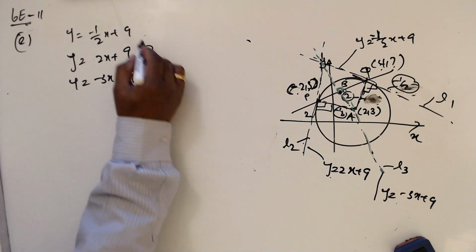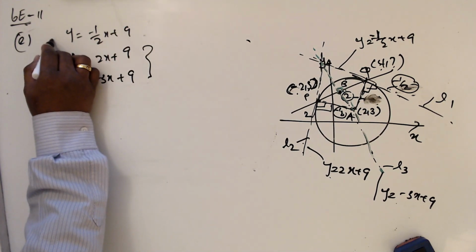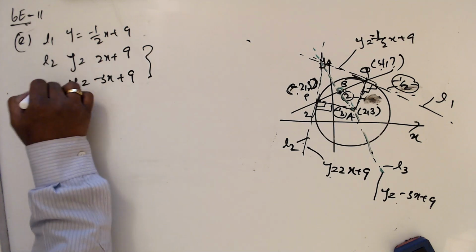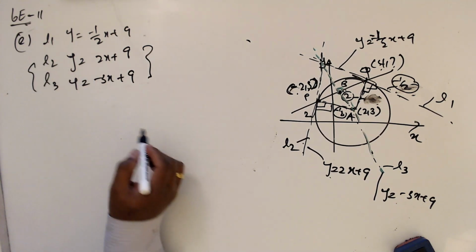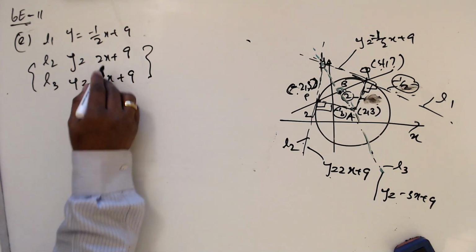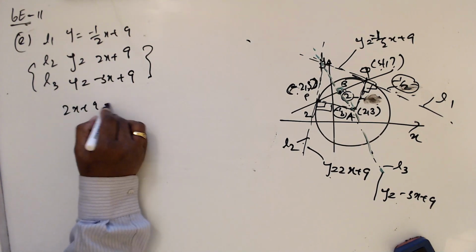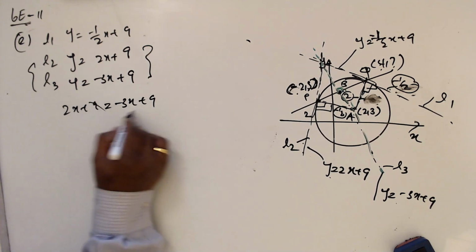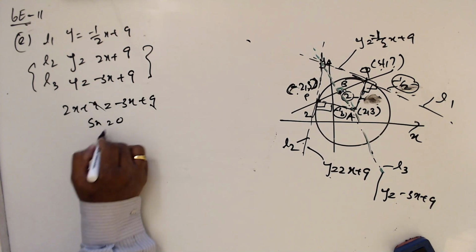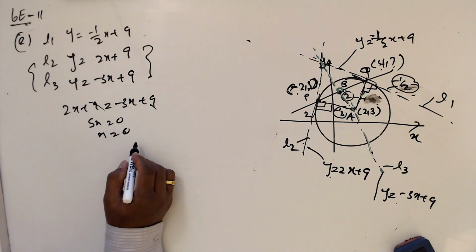I'm going to solve L2 and L3. So when I equate them, 2x plus 9 equal minus 3x plus 9. Actually, 9 and 9 cancel out. x equals 0.